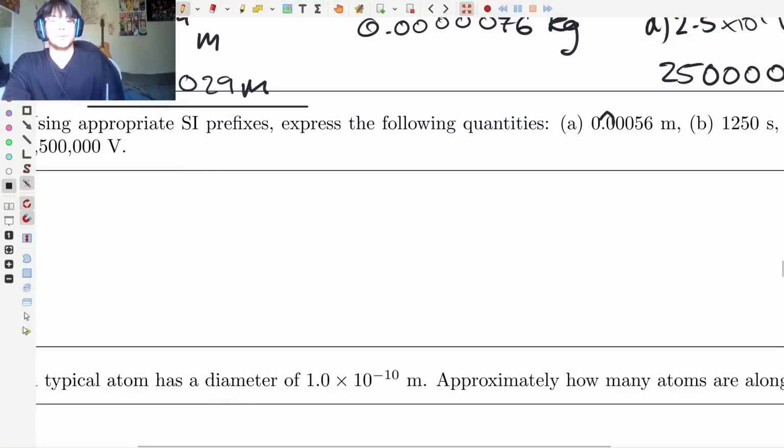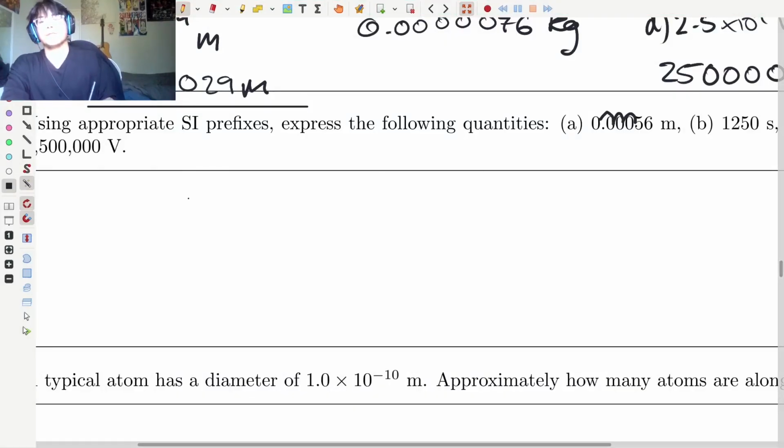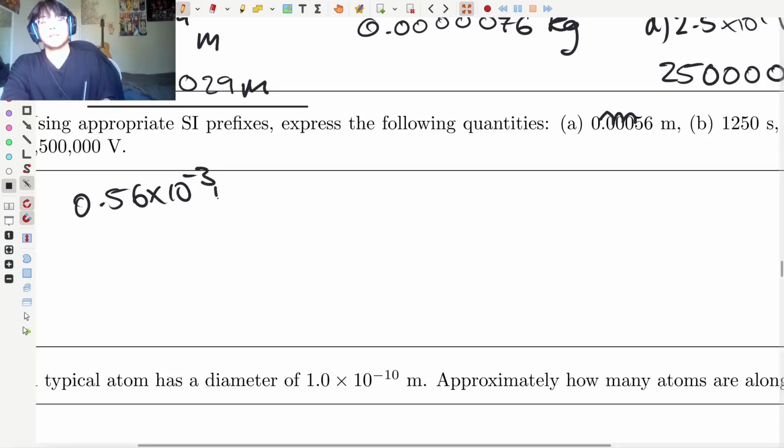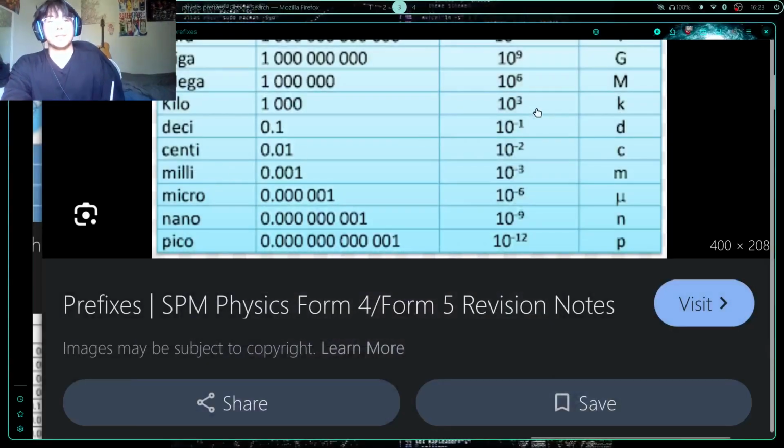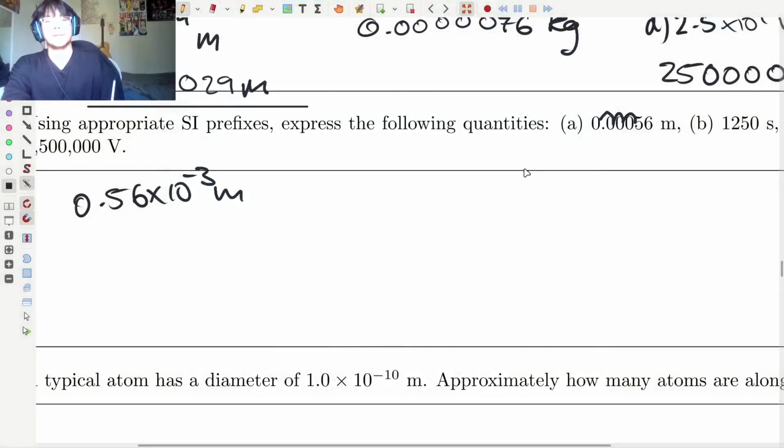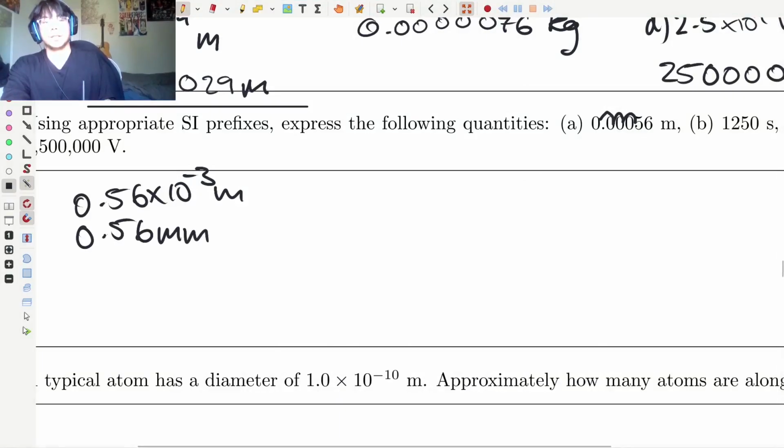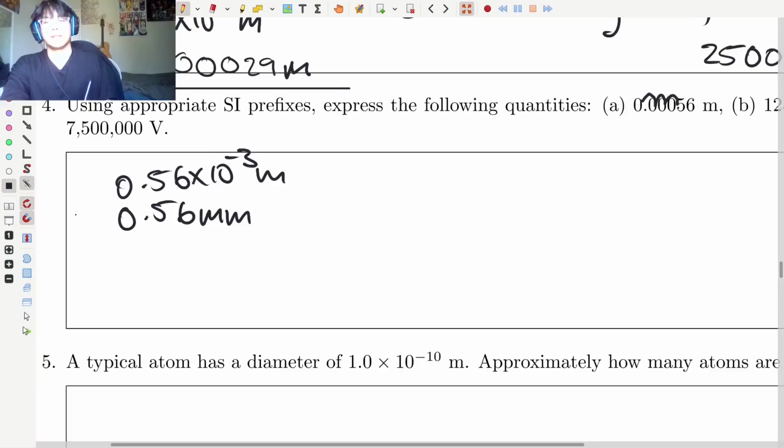So we can go 1, 2, 3. So 0.56 times 10 to the minus 3 meters, and 10 to the minus 3 is milli, so we can just write 0.56 millimeters here. So that's A.